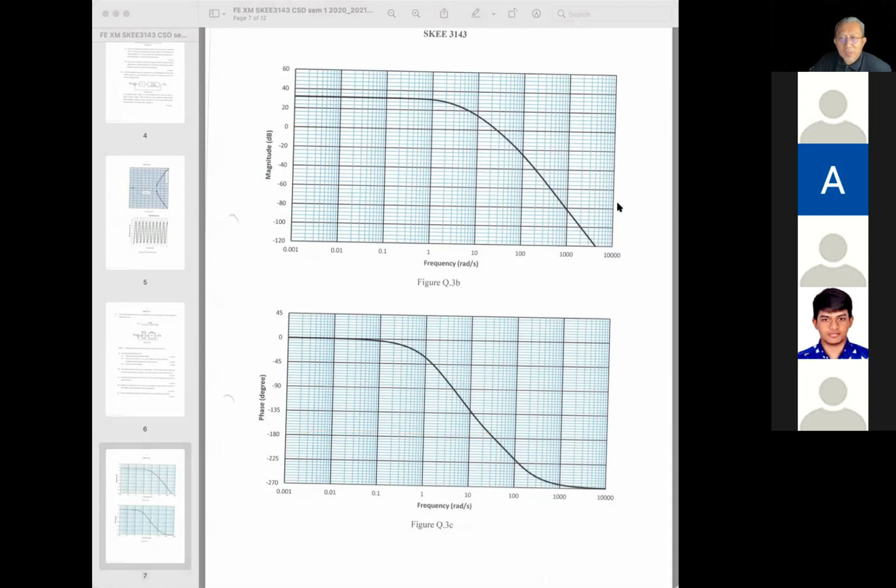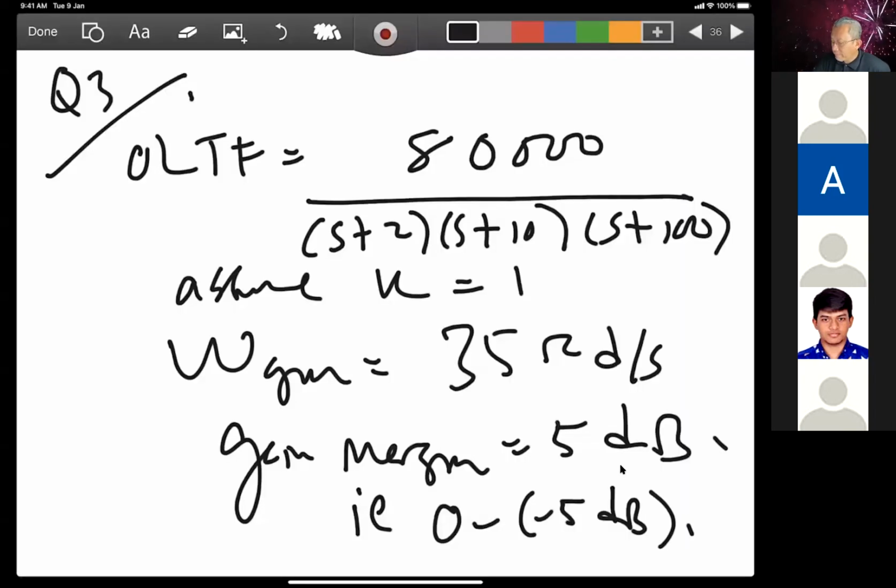Okay, look at my answer. Omega GM is 35 radian per second.